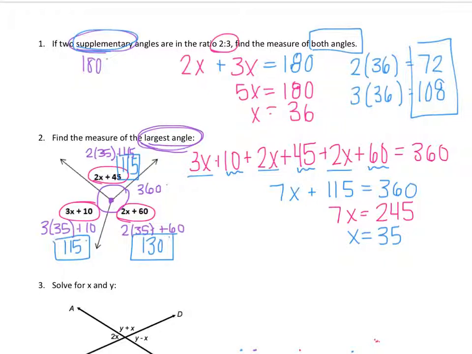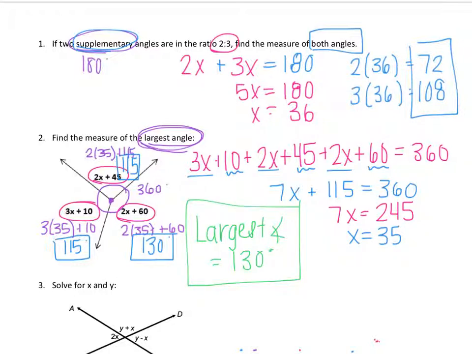So after plugging each of those in, I found I have two angles that are both 115 degrees. This one here is 115, and this one down here is 115. But then I found the angle of 130 degrees. And again, our goal was to find the measure of the largest angle. So here I'm just going to say largest angle equals 130 degrees. And that there is your final answer.